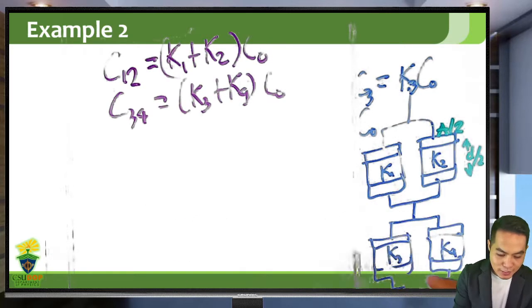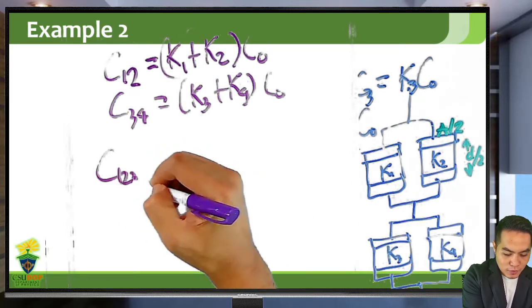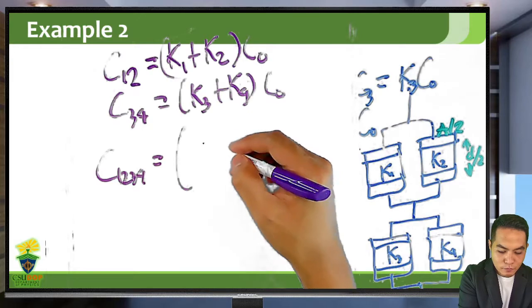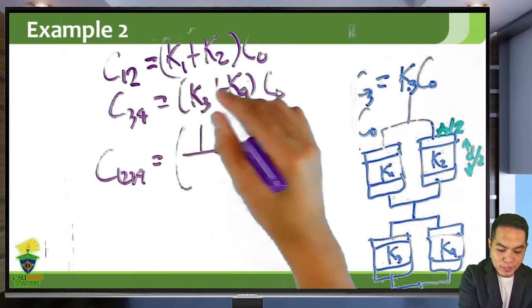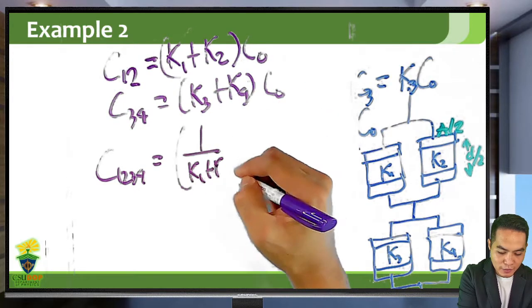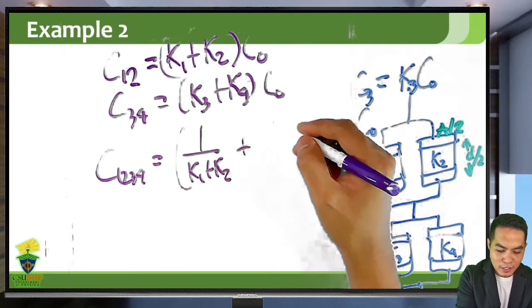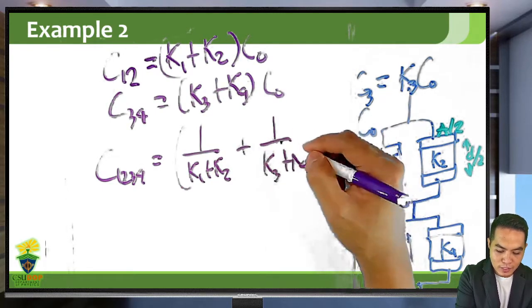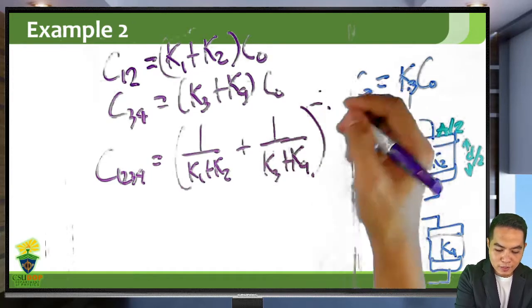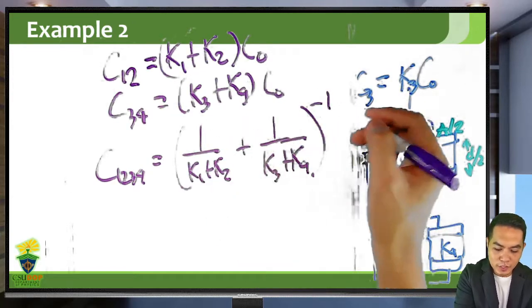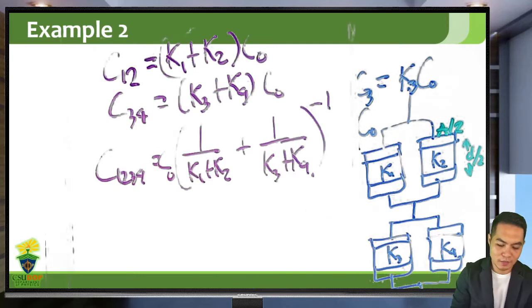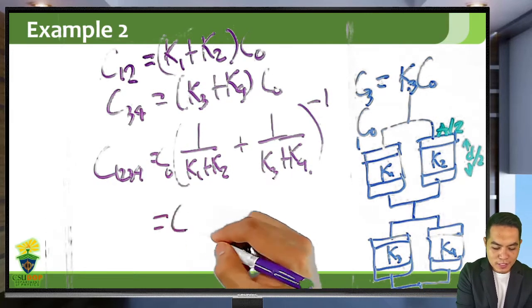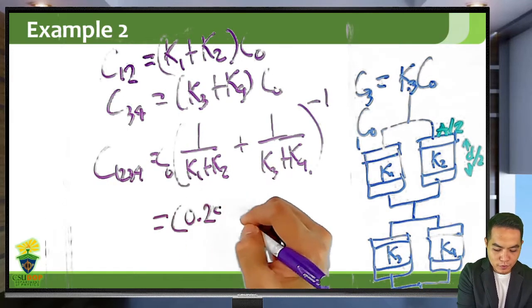Now this is in series, so therefore C1234 is just 1 over C12, which is K1 plus K2 C naught, and then 1 over C34, which is K3 plus K4 C naught, to the power of negative 1. I factor out 1 over C naught to the negative 1, and that will give me C naught. So you have C naught, which is just 0.24.